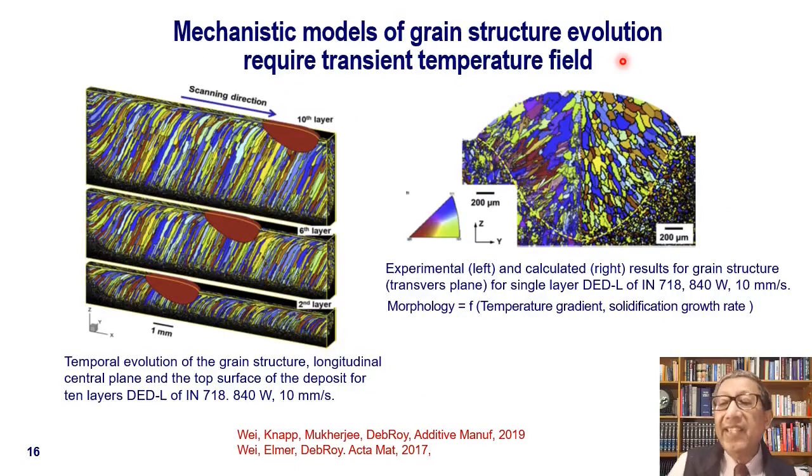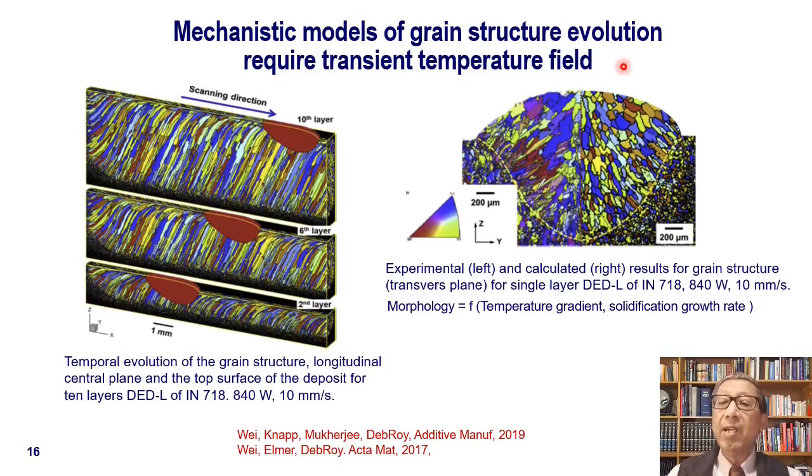Once the transient temperature field in all locations of a three-dimensional build is calculated using a mechanistic model, it can then be used in other models to understand microstructural features.